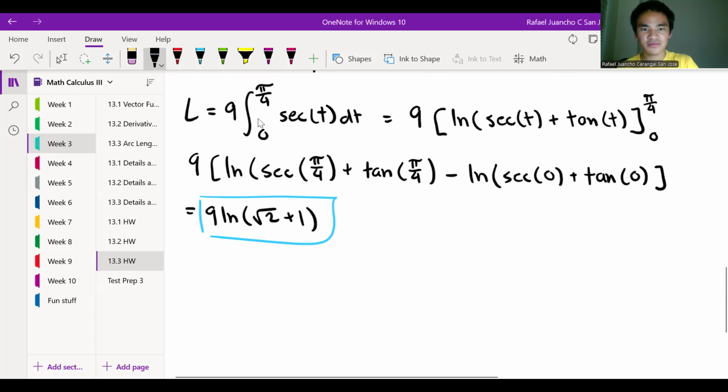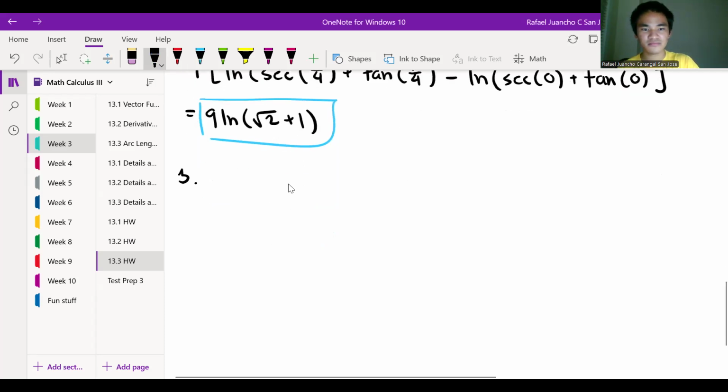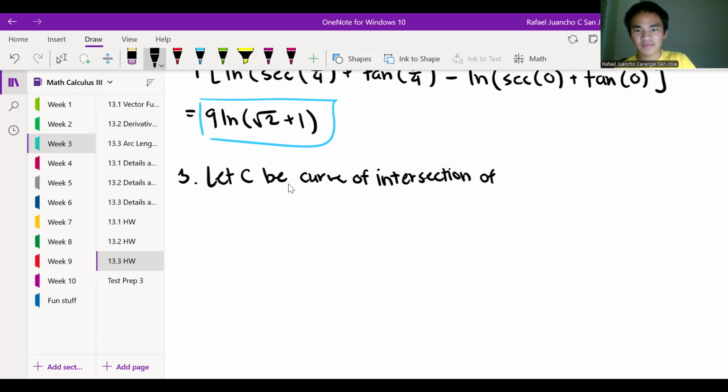Okay, for number 3, here we let C be the curve of intersection of a parabolic cylinder, so x squared is 2y, and a surface.